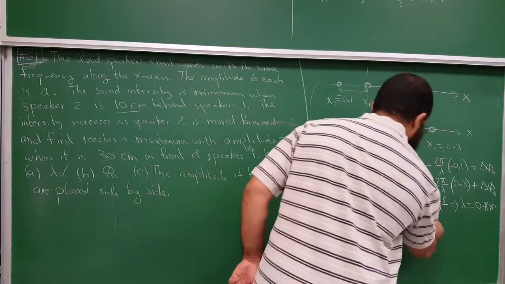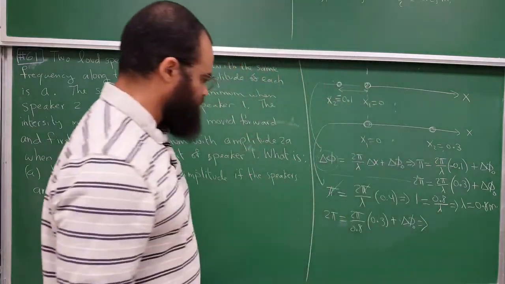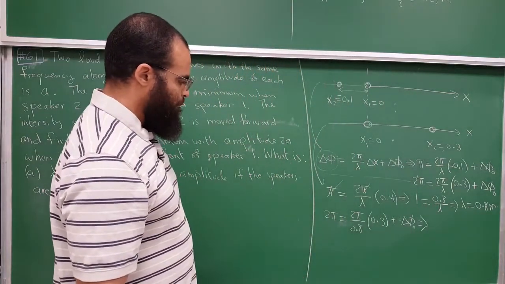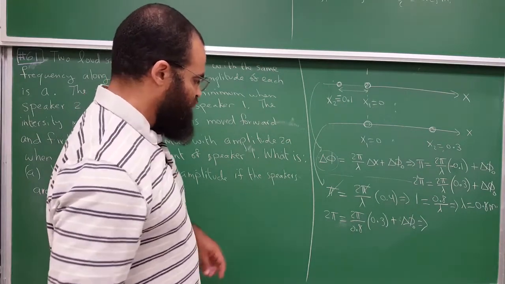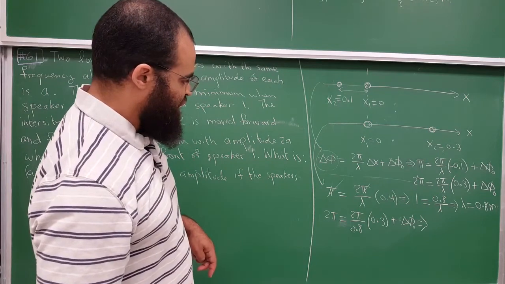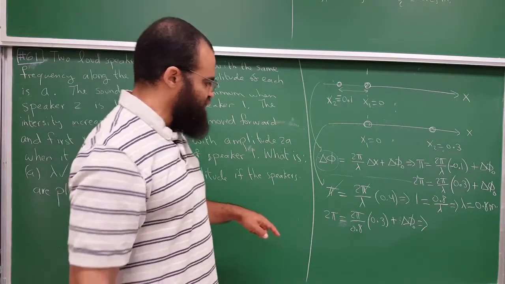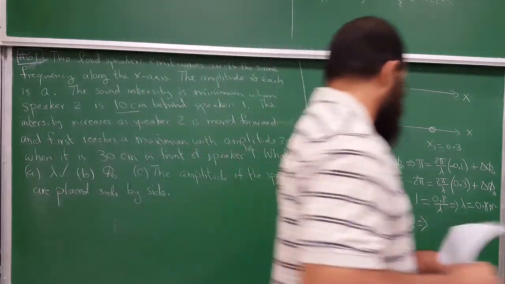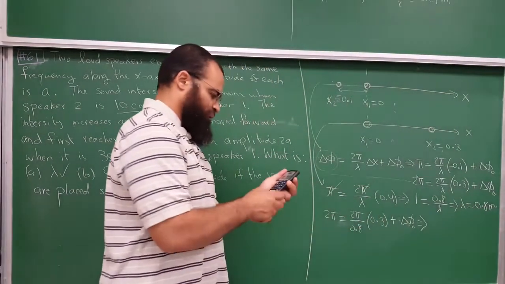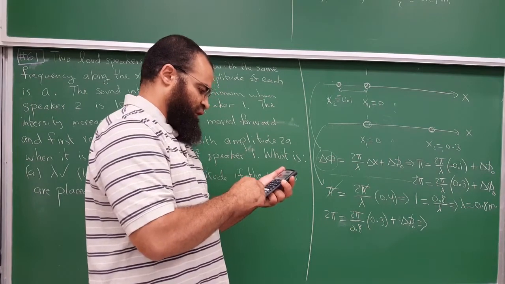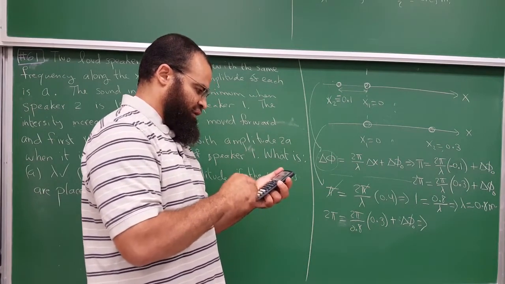So let's see what we get. We will have 2 pi minus 2 pi times 0.3 over 0.8. So let's see what we get with that. I have 0.3 over 0.8.